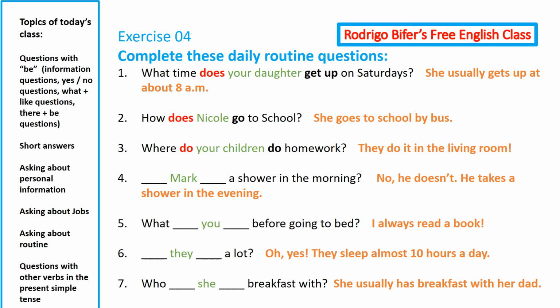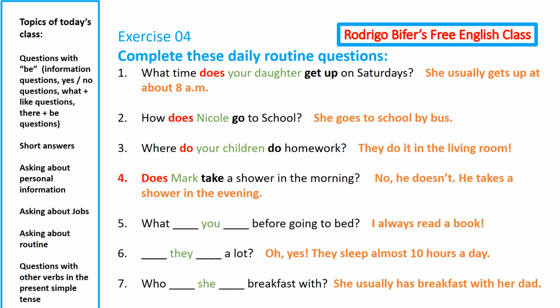So what's the main verb that goes after the word Mark and before the word a shower? It's the verb take in the infinitive. So the question is, does Mark take a shower in the morning? No, he doesn't. He takes a shower in the evening.